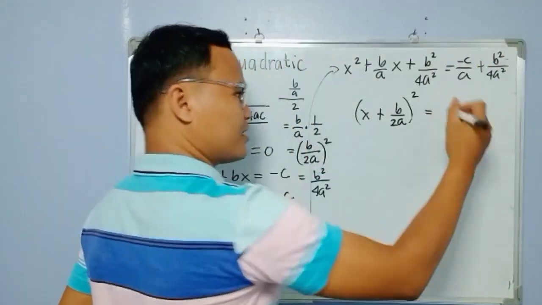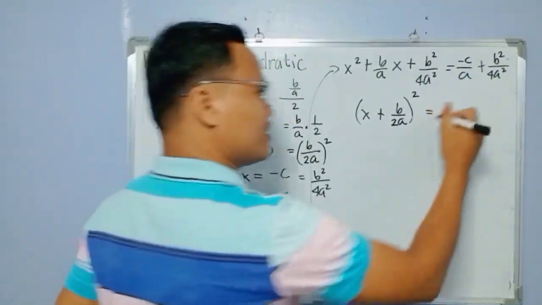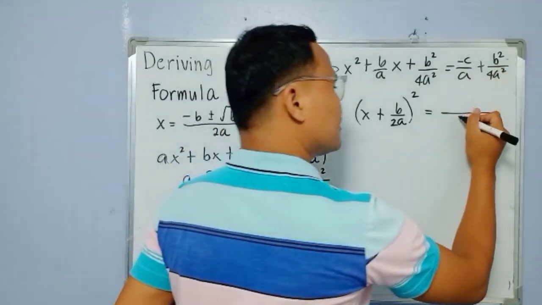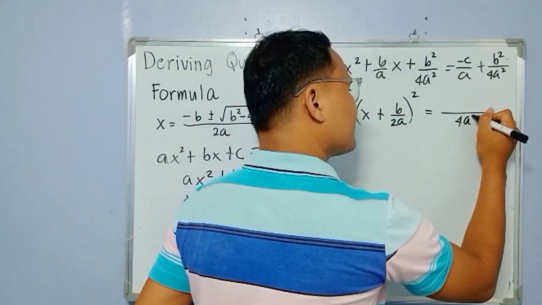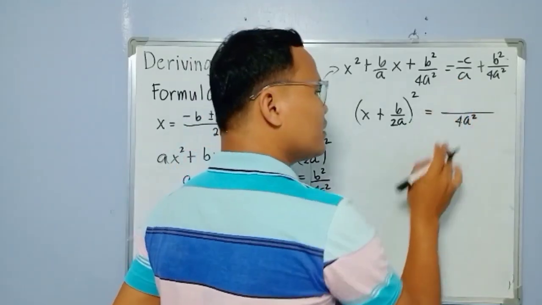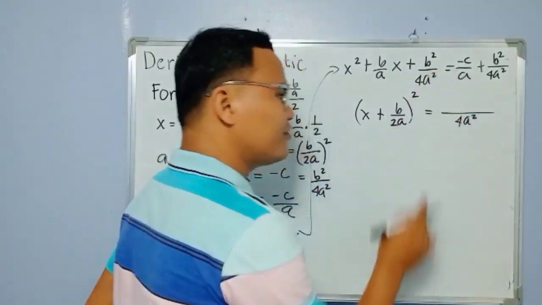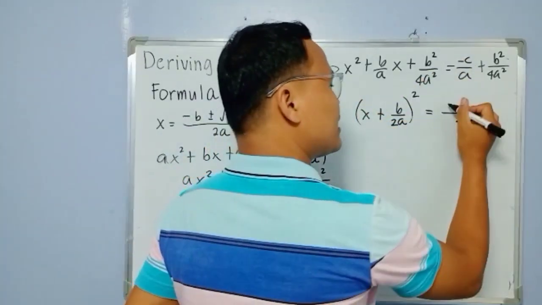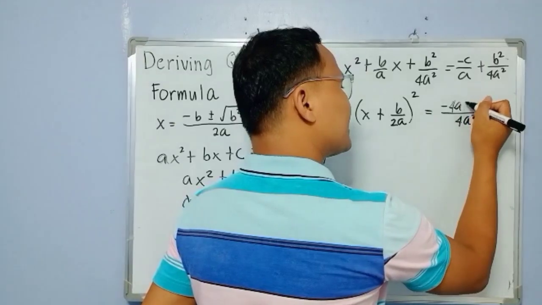These are two fractions, and since we are adding two fractions, we are going to find the LCD. The LCD of these two fractions is 4a squared. Then divide each denominator: 4a squared divided by a, the answer is 4a, times negative c, that's negative 4ac.